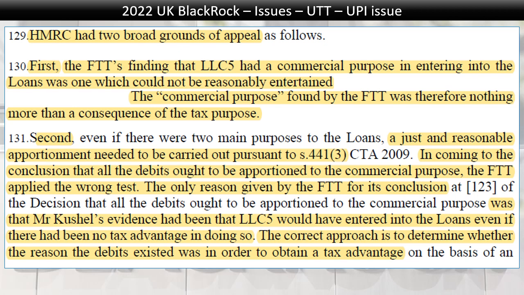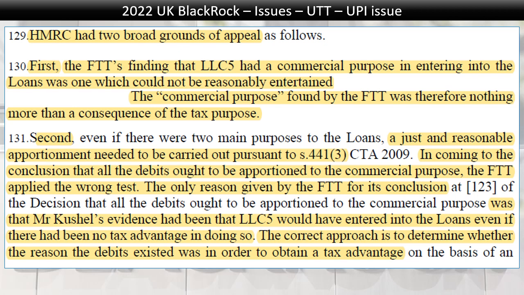And then it goes on to say, second, a just and reasonable apportionment needed to be carried out pursuant to Section 441. So what the First Tier Tribunal should have said is, okay, if we look at the principal purposes or the main purposes for this transaction, one was to save tax in the UK, the other was to acquire the US operations of Barclays.